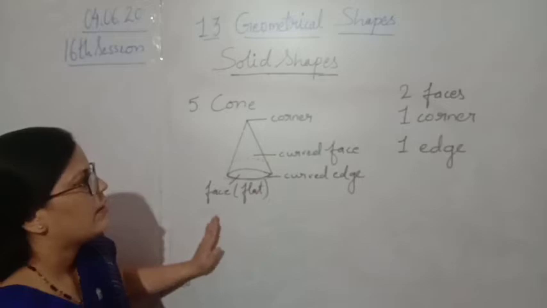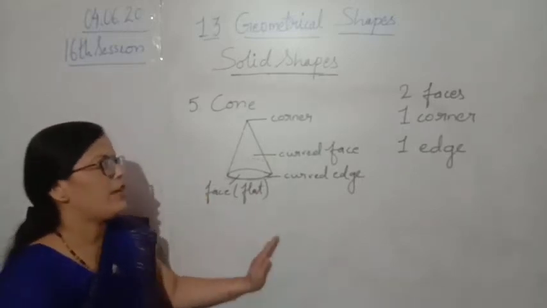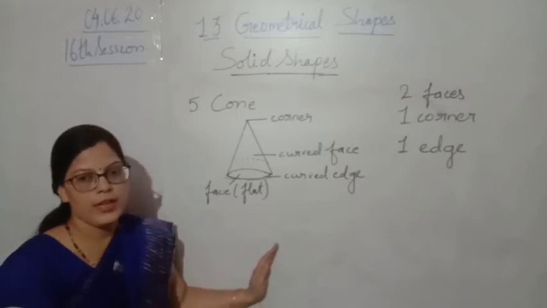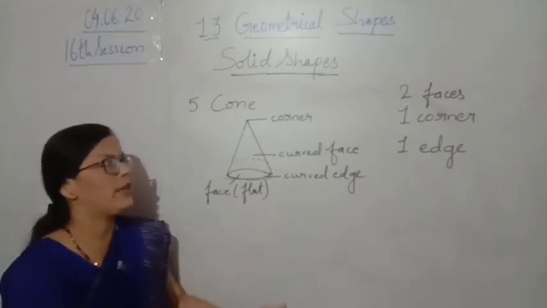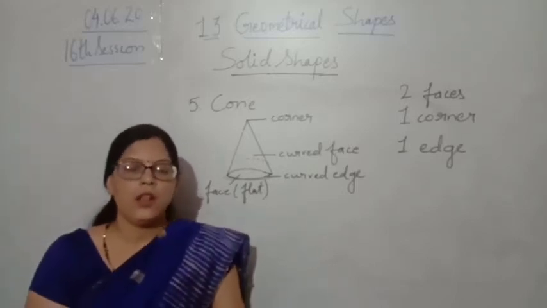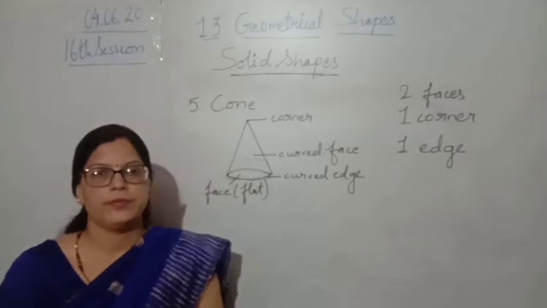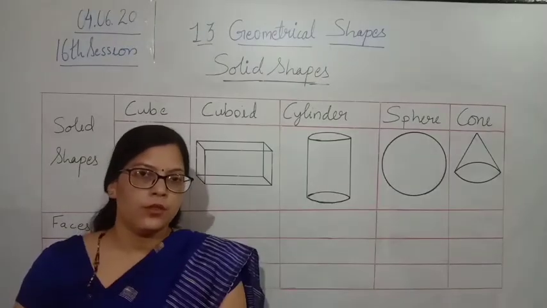Clear? Now we will revise all the shapes one more time. Let us see one more time how many faces, corners and edges are there in all these 5 solid shapes. Okay children, so let us see here.